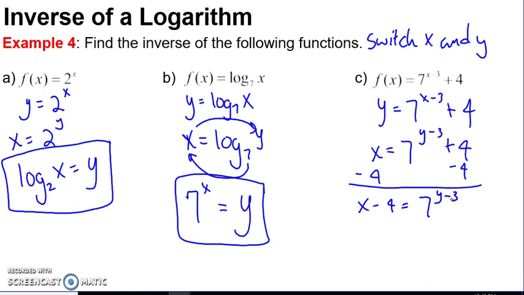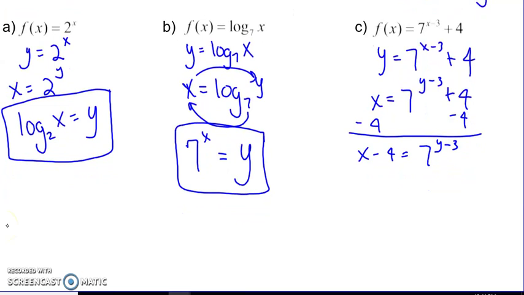Then from here, I can go on and take this exponential form and change it into logarithmic form. So my base here is 7, which means the y minus 3, which is my exponent, is going to be what I end up equaling to. So I have log base 7 of x minus 4 equals y minus 3.